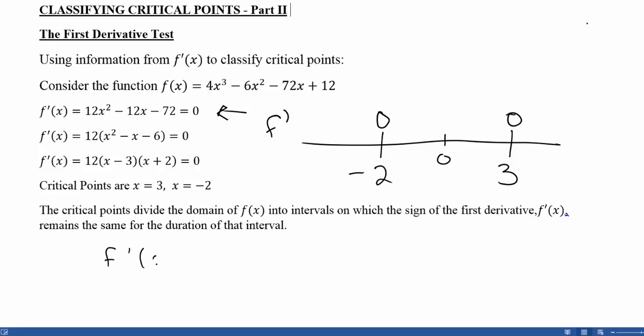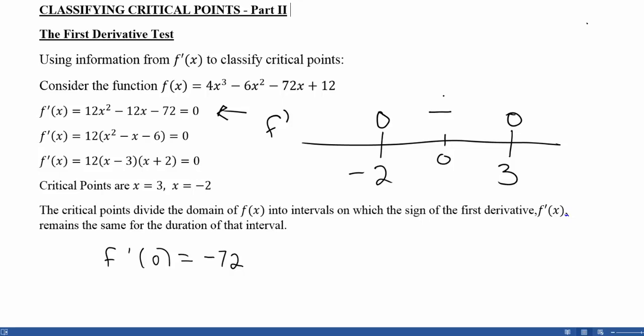So if I put 0 into my first derivative, I'm going to get 0 minus 0 minus 72. So I get negative 72. That means that all the numbers between negative 2 and positive 3 are going to be negative in the first derivative. So I know that my function is decreasing from negative 2 to 3 in the original function.